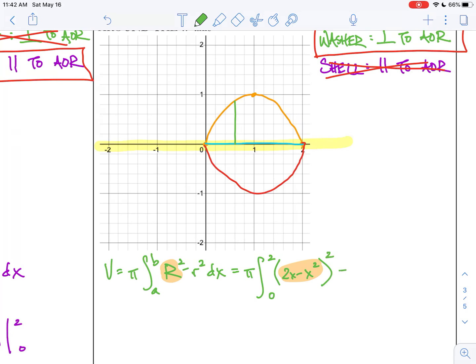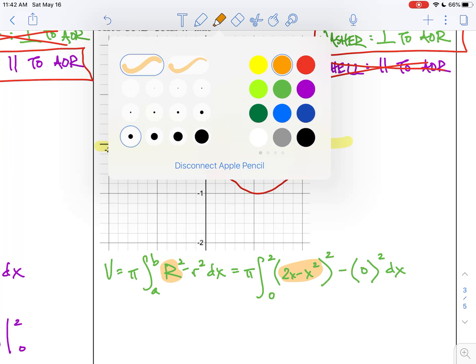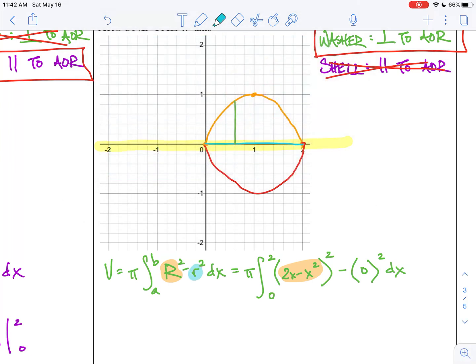Minus the second line is actually just 0, so 0 squared would be our smaller radius. All right, so this is the blue line, and this is the equation of the blue line. Now, if you could recognize from this picture that you don't need to have the little r, that's totally fine. You don't have to write it, but I think as we're learning how to make decisions, sometimes writing more is actually helpful.